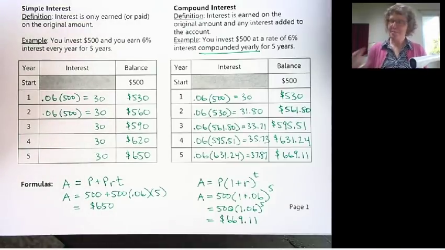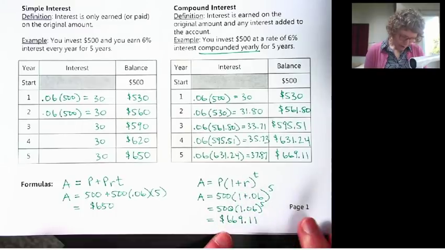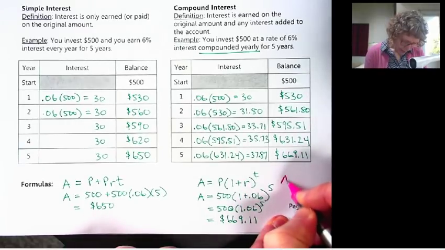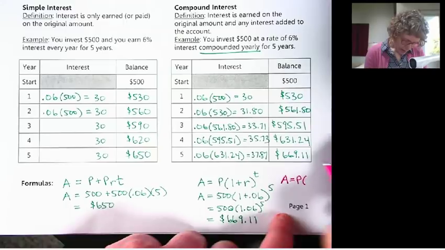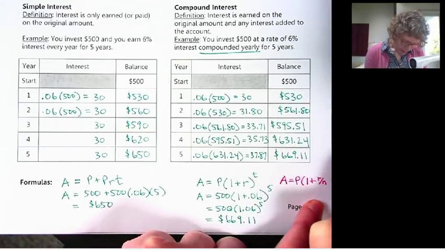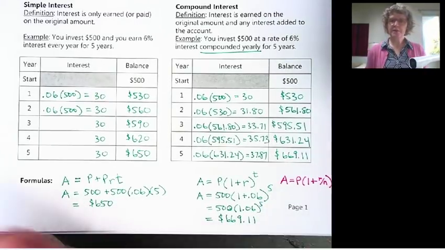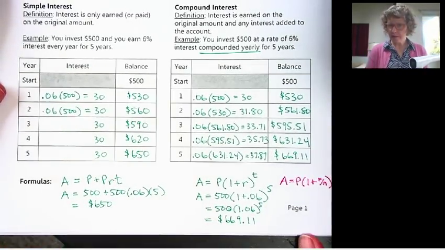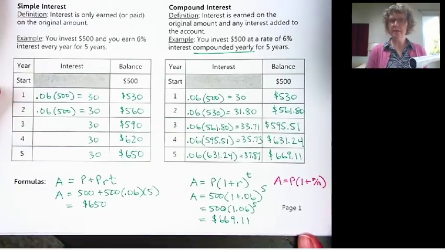You want your money to be compounding a lot more frequently than that. So there's a more general version of this formula. A equals P times 1 plus R over N. So N is the number of times that your money is compounding. So let's say it's monthly.